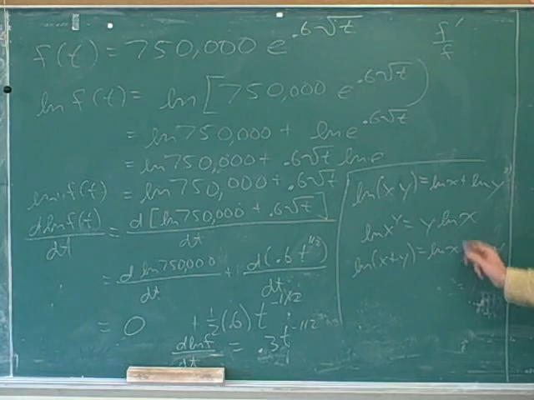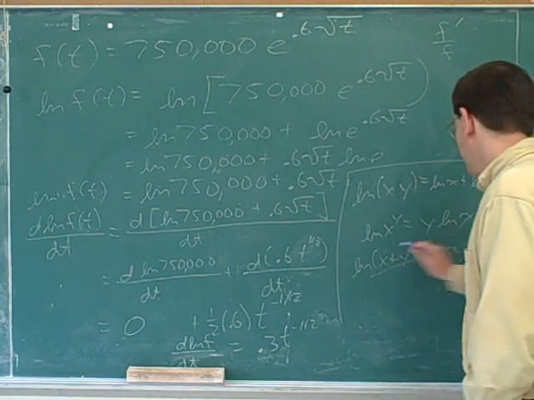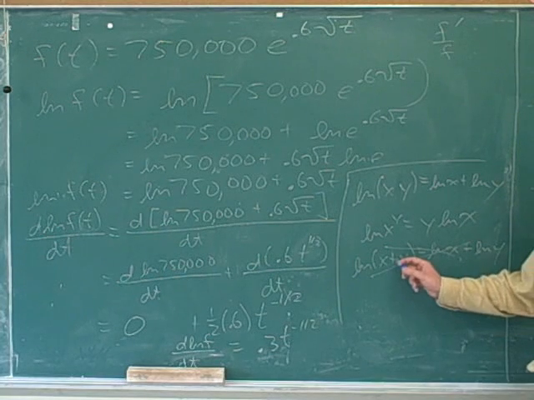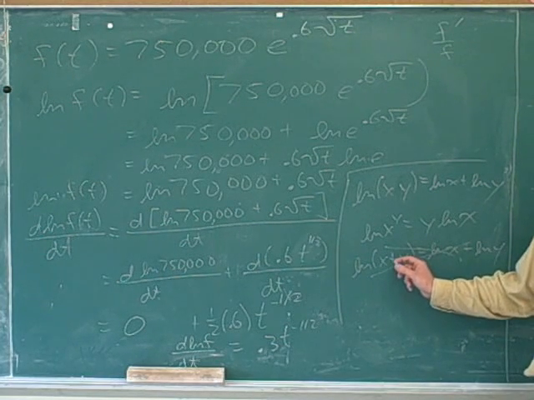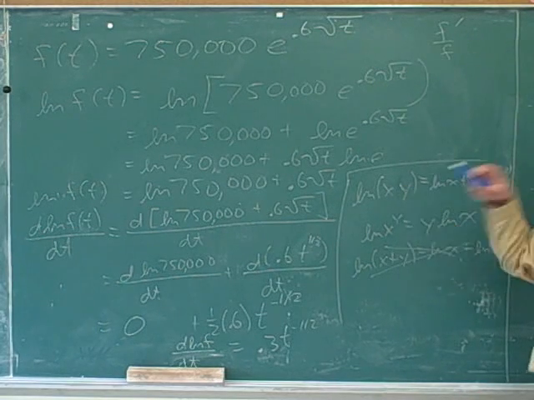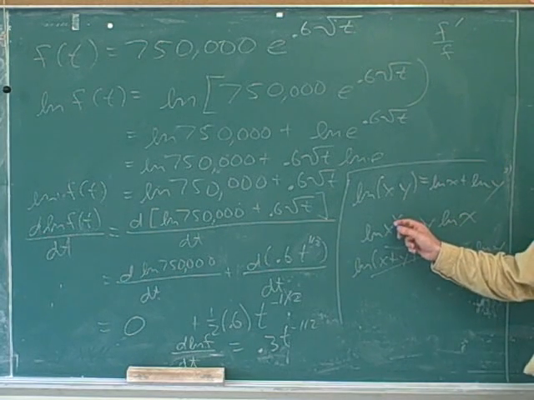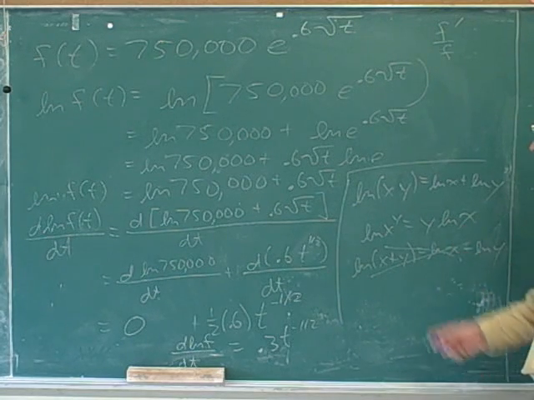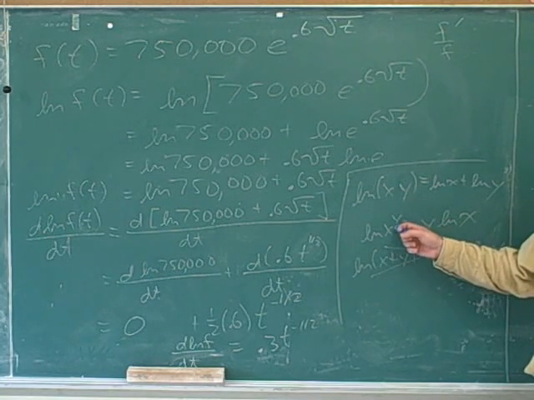No. No, that would be a trap. This is true, not this. So you definitely want to watch out for this. This is the reason why it was not helpful to take the log in the previous problem, because that was a sum, and the log of a sum doesn't simplify. Logs simplify products, and they simplify powers. They don't simplify sums. Well, the previous problem had a lot of sums, whereas this has products and exponents.